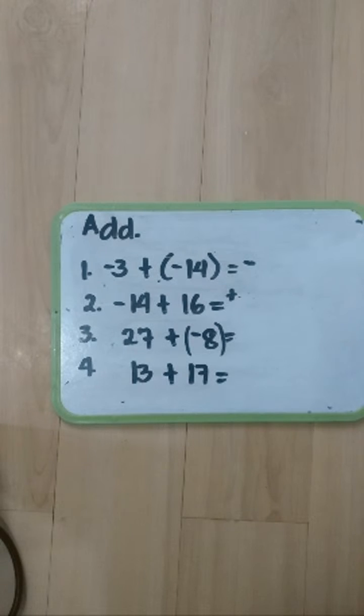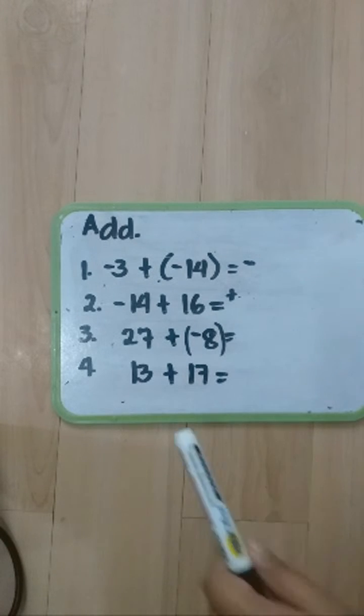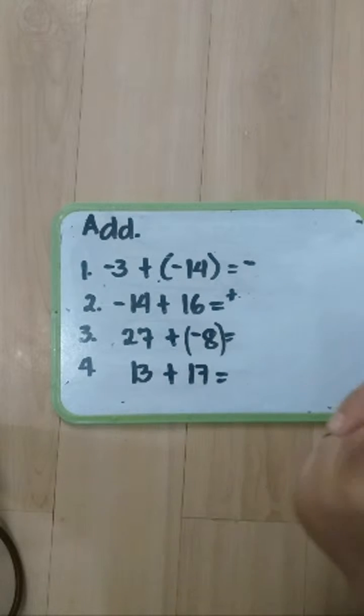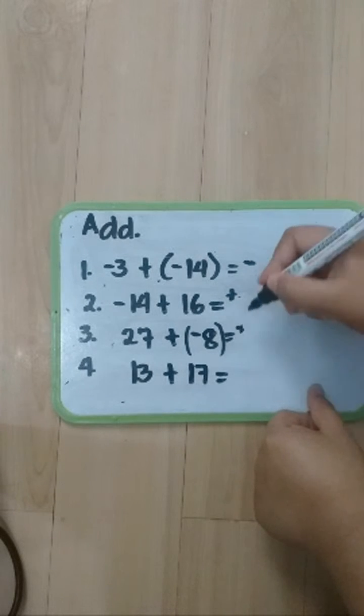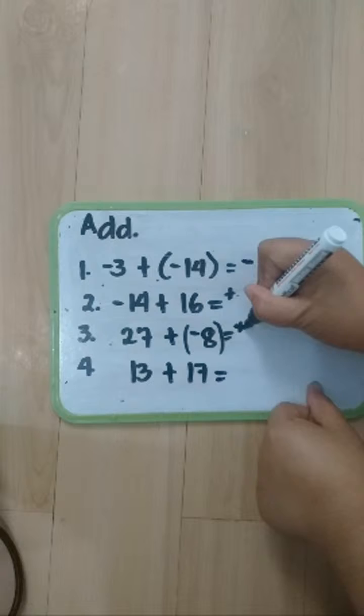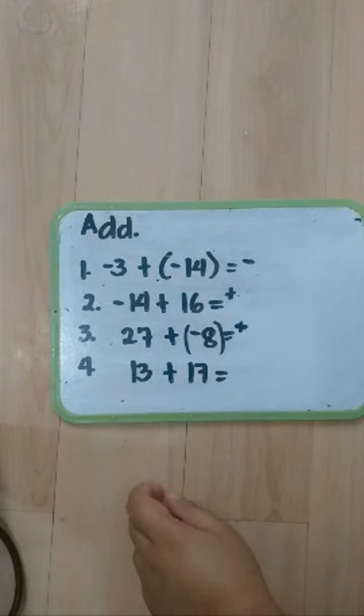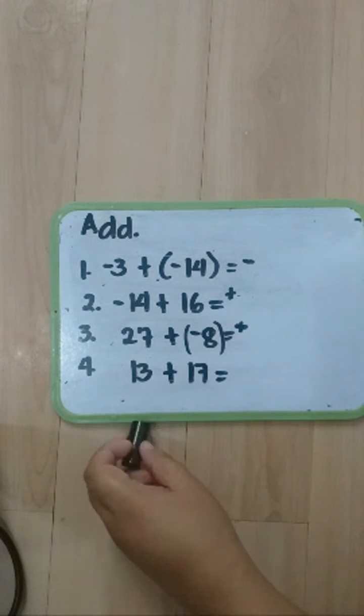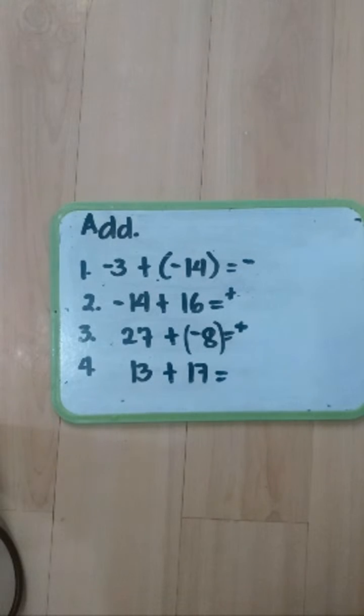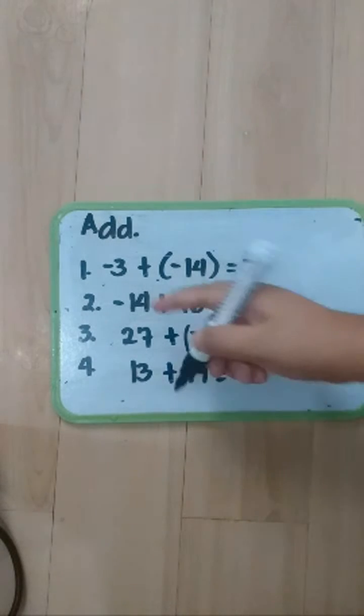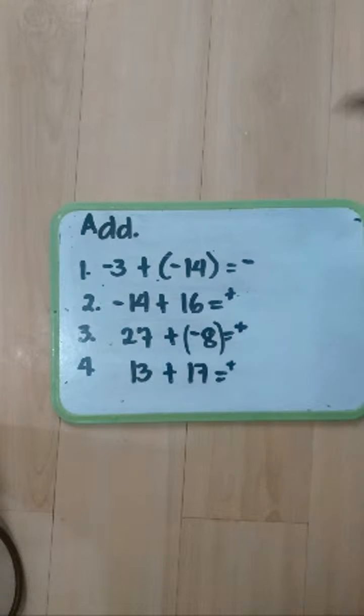Oh, si Syra, nakiki-join. Okay, the correct answer is 27. Okay? Next, for number 4, so the answer here must be positive. For number 4, you have 13 plus 17. Same sign sila, so it must be positive.